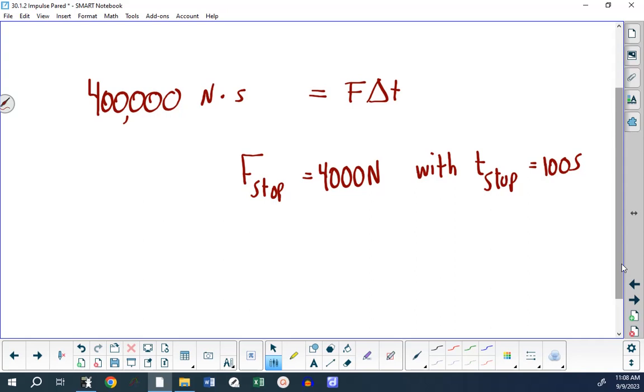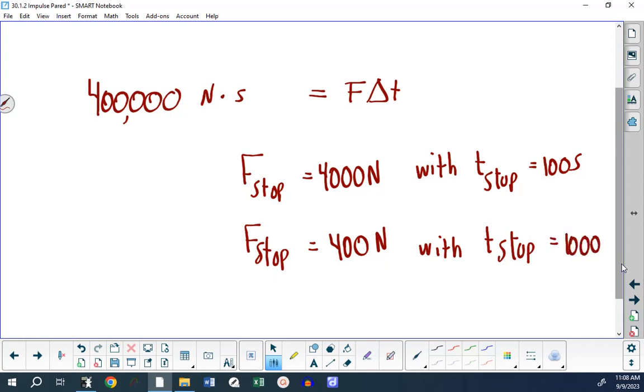I suppose you could instead use a stopping force of 400 newtons, which means you're not applying as great a force on the brake pedal, or maybe there's a little bit of slipperiness to the road, I don't know. But you're going to have a stopping time of 1,000 seconds. And you can pick any two numbers that multiply to give 400,000. That's the meaning of saying Newton seconds.